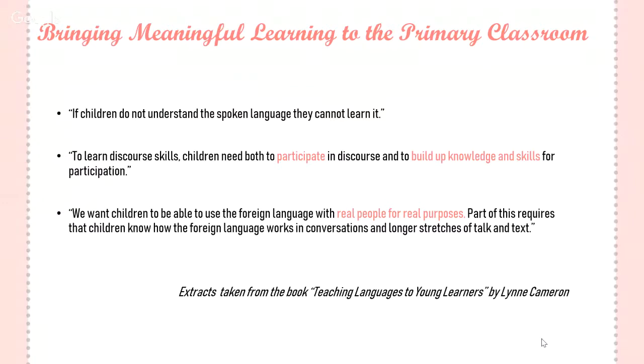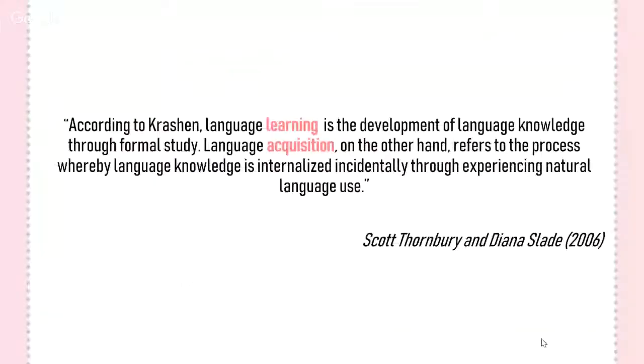I also have a quote by Thornbury in which he says that, according to Krashen, language learning is the development of language knowledge through formal study. Language acquisition, on the other hand, refers to the process whereby language knowledge is internalized incidentally through, and this is so important, experiencing natural language use.